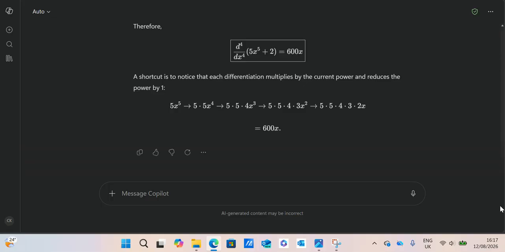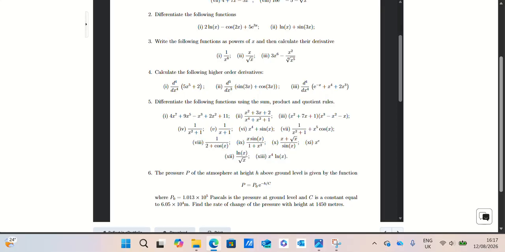Shortcut is notice that each differentiation multiplies by the current power and reduces the power by 1. Okay. So let's go back. So we're working from whatever I have in here. That's how many times I'm taking it down, I assume.